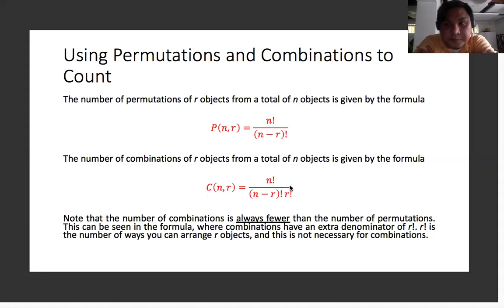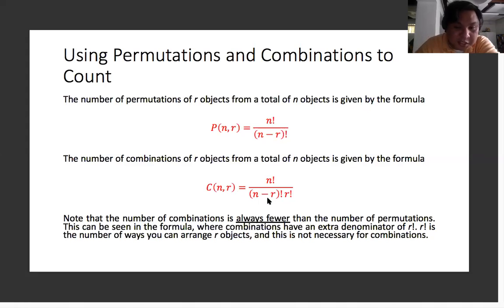Because of this, combinations will always have a smaller number than permutations. It's like if you divide 10 by 2 twice, it gives you a smaller number because you're dividing it more times as opposed to only dividing it one time.